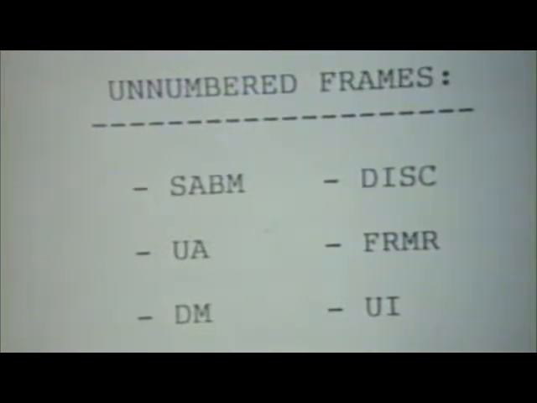Now here's an example of what I mean by understanding the protocol. I sit here and I type connect to W6ABC, SABM goes out, W6ABC sees it, his connect light comes on, his message says connected to W6OAV, and he sits there and types, hi Bill, how's things going? And nothing happens.